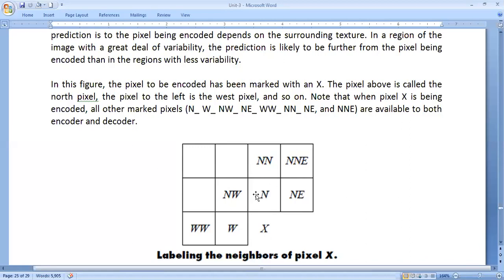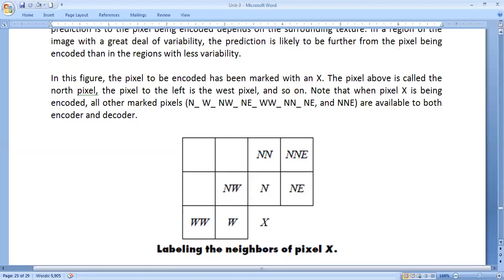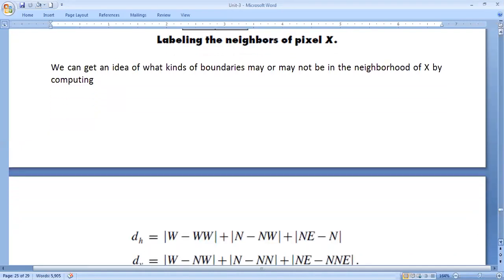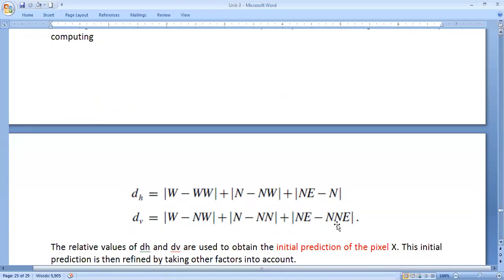Now we can get an idea of what kind of boundaries may or may not be neighbors of X by computing DH, meaning the degree of horizontal, and DV, the degree of vertical.